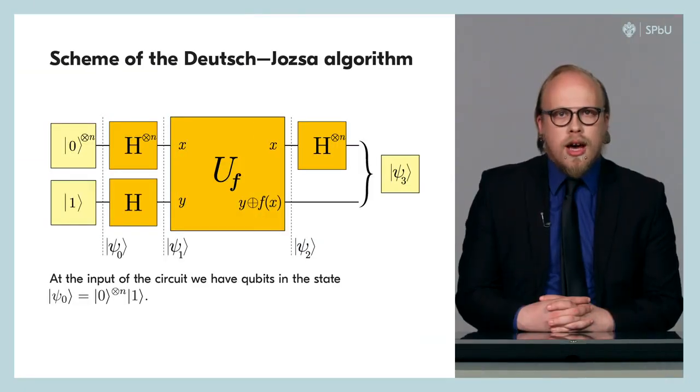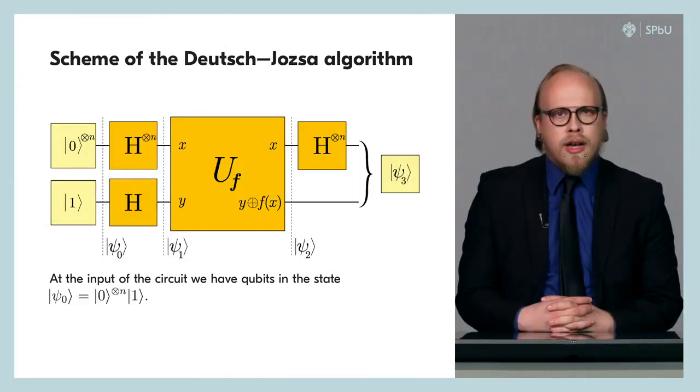The result obtained for the two-qubit Hadamard element could be naturally generalized to the case of the n-bit Hadamard element, which you now see in the Deutsch-Jozsa algorithm switching circuit. To the input of such a scheme, n qubits in the state 0 and 1 qubit in the state 1 are entered, which constructs the state psi0.